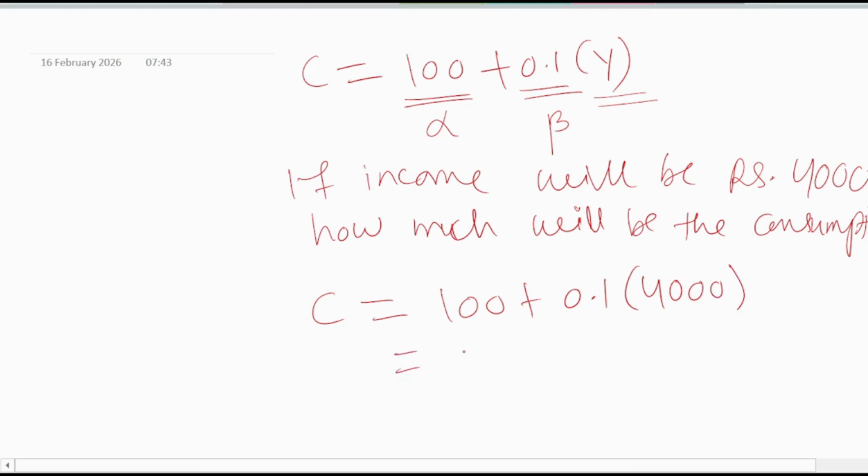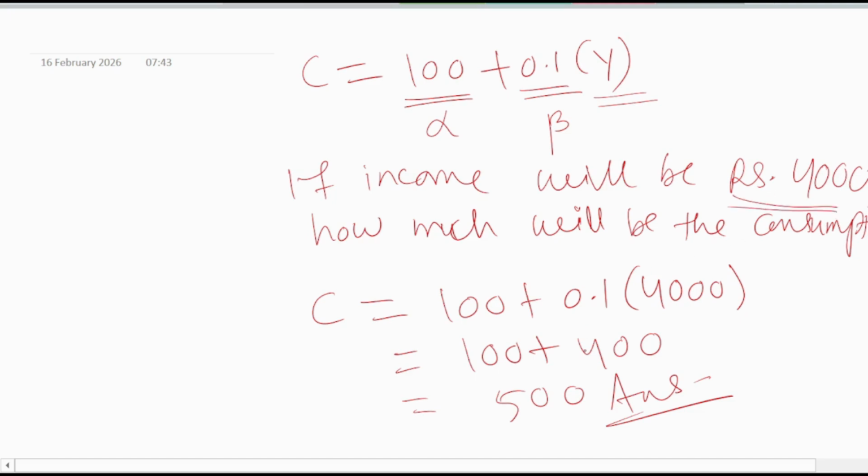So we can write it as 100 plus 0.1 into 4,000, that means 10% of 4,000, which is equal to 400. So the estimated value of the consumption will be equal to 500. From this equation we can find out that if income is equal to 4,000, consumption will be equal to 500.